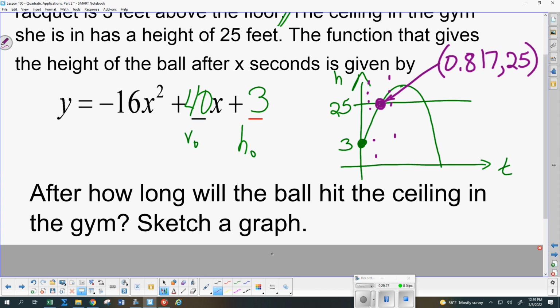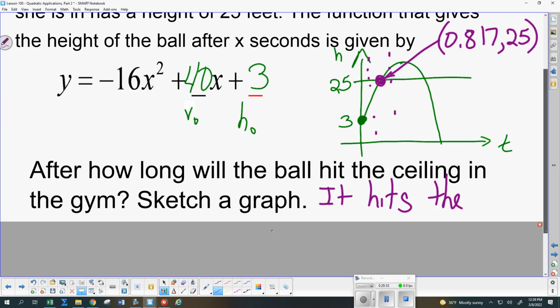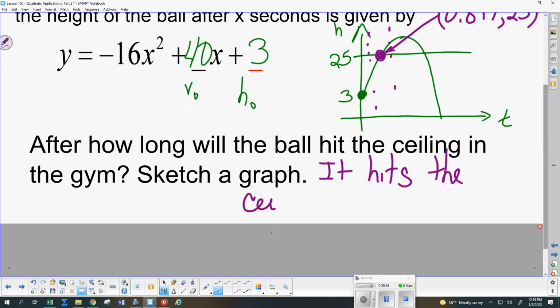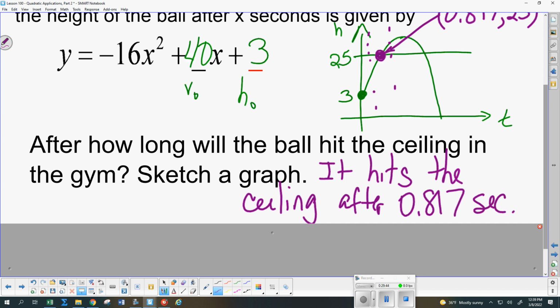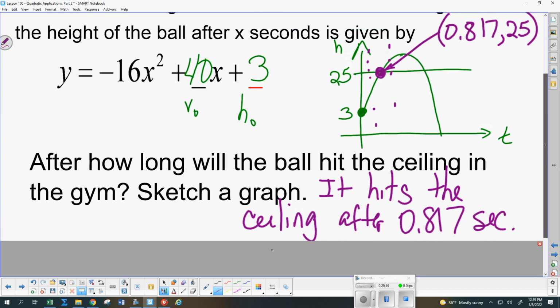So that means that it hits the ceiling after 0.817 seconds after she hits it.